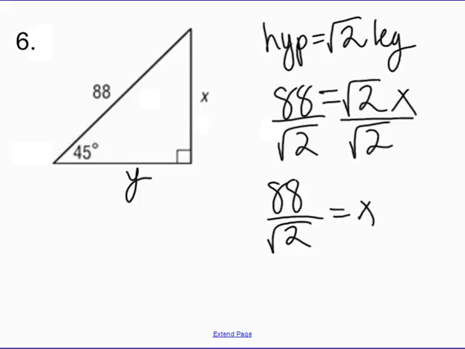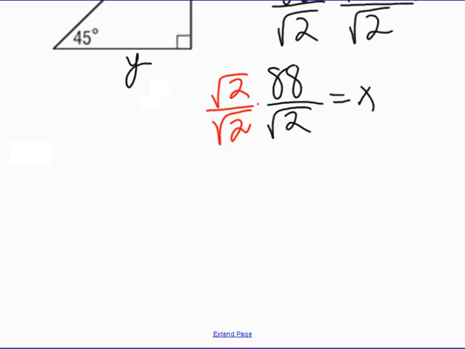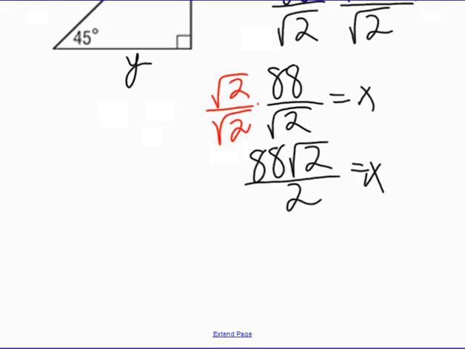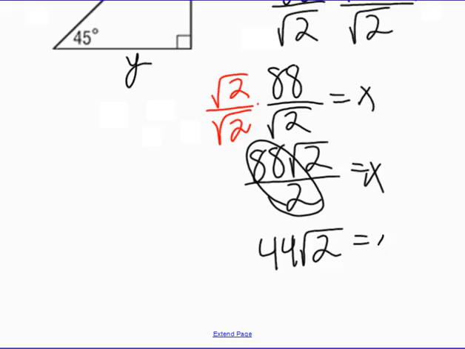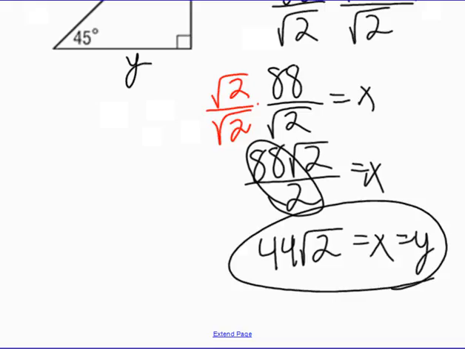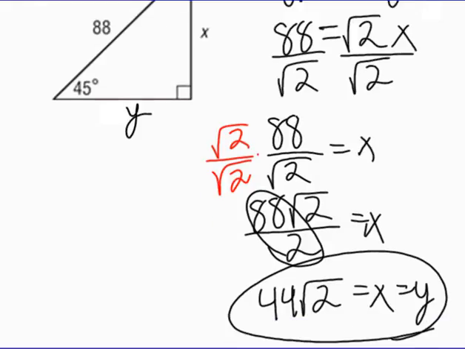And as always, you need to multiply by your fancy looking 1, radical 2 over radical 2. So I'm left with 88 radical 2 all over 2 equaling x. But I can reduce to get 44 radical 2 for x and y since the legs are the same.